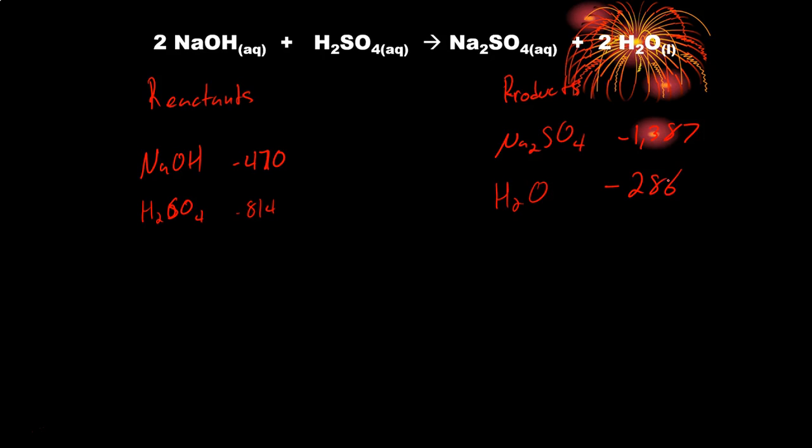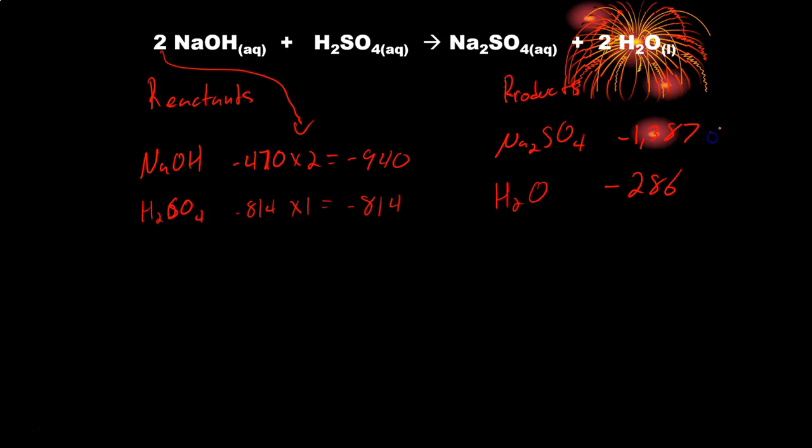So we've looked up all of our values. Now we have to multiply those values by the coefficient. For NaOH, we multiply that by 2 because the NaOH has a 2 in front of it. So we'll take minus 470 times 2, and we get minus 940. H2SO4 has a coefficient of 1, so we just multiply that by 1. So we still have minus 814.